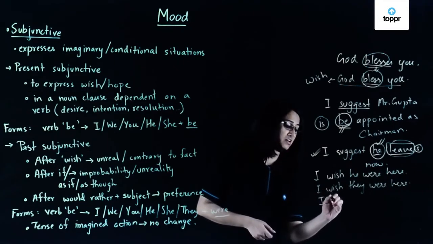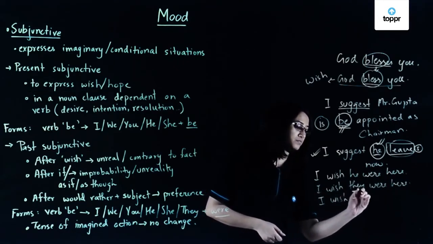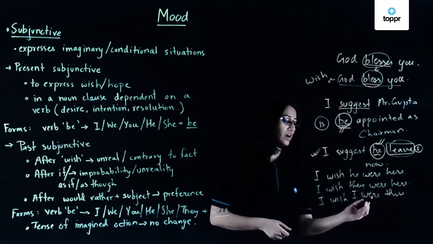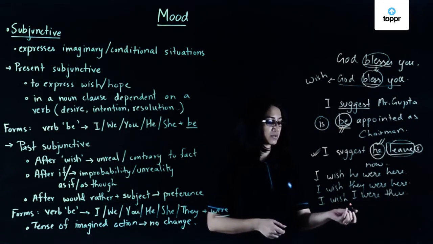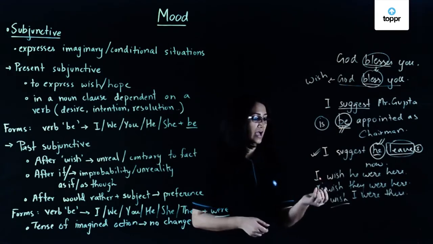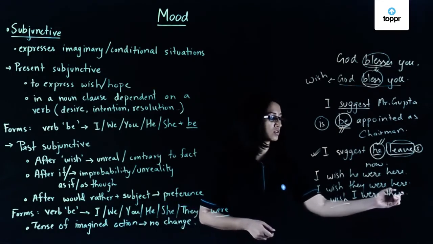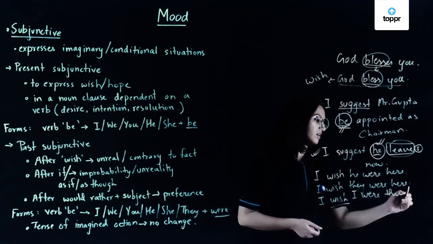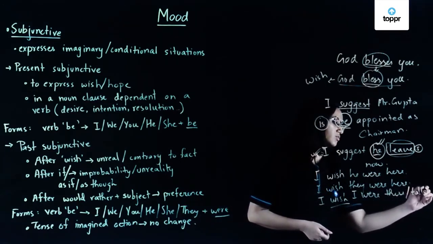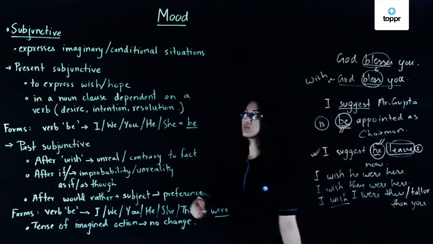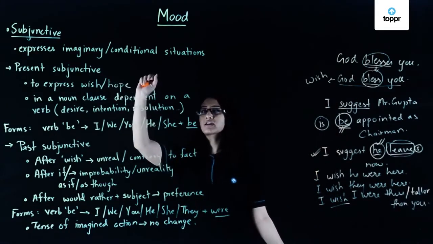or strangely enough, I wish I were there, not I was there, right? Here we are expressing a wish, and this is in the subjunctive mood. I wish I were, or maybe we can say, taller than you. So here I'm expressing something which is imaginary or conditional.